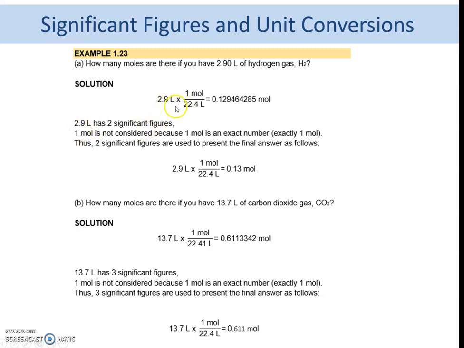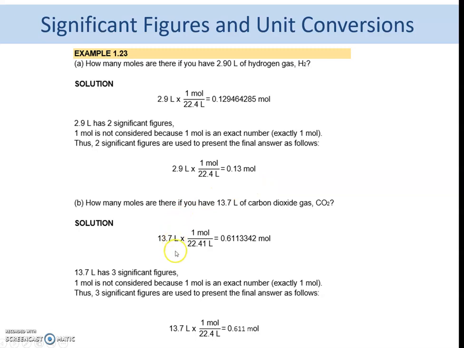We do not consider 1 mole because 1 mole is an exact number. That's why we only consider this value's significant figures to give the final answer. The answer that must be given by you in the answer paper is 0.13 mole because it has 2 significant figures. The 0 is not counted as a significant figure, remember, but 13 consists of 2 significant figures.